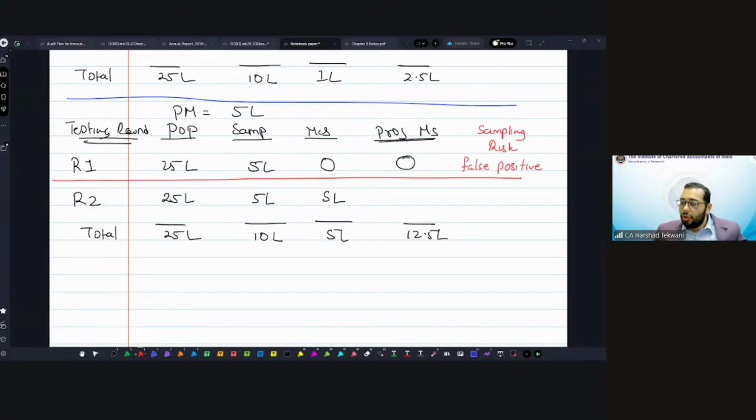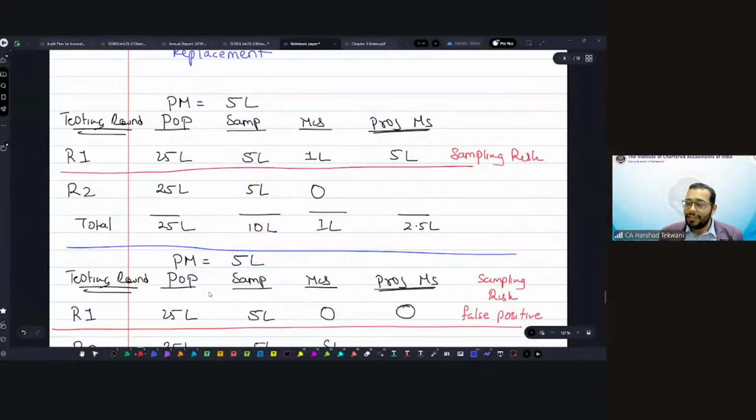So my sampling risk in this scenario was that the positive that I'm considering, that everything is fine, true and fair, is actually not there. And in the other scenario, the sampling risk was false negative, where I'm considering that there is a material misstatement in the entire population, but by the end I realized it's not there.